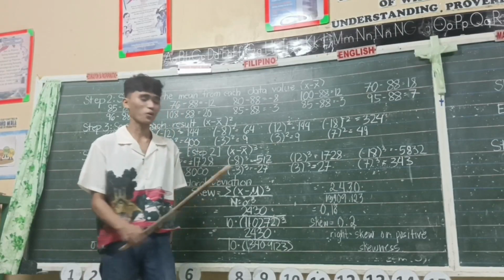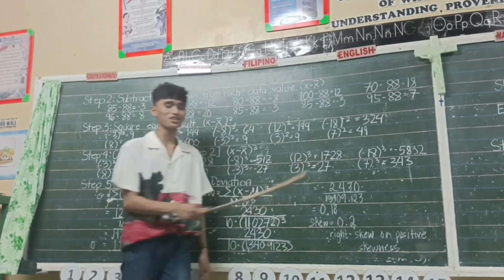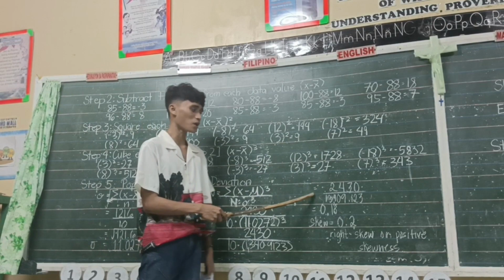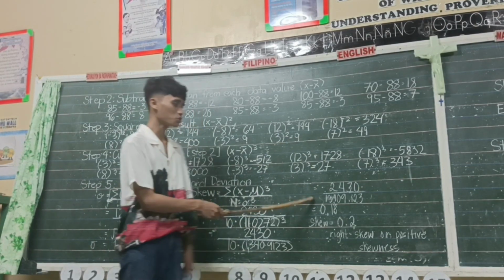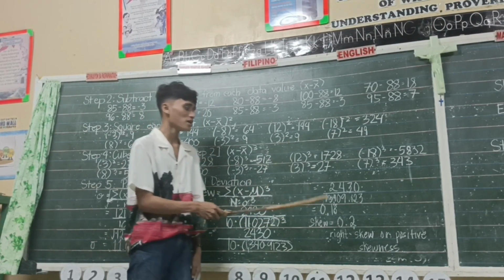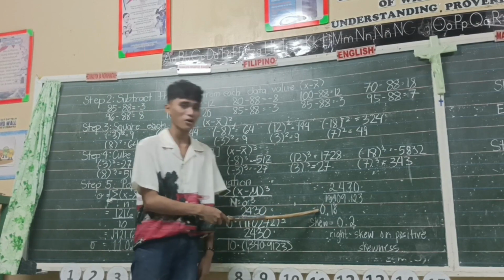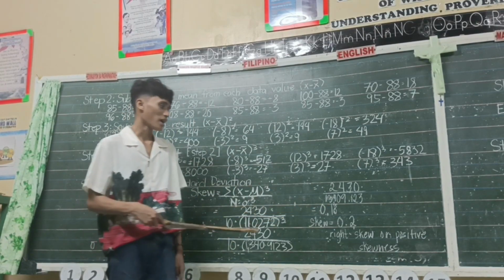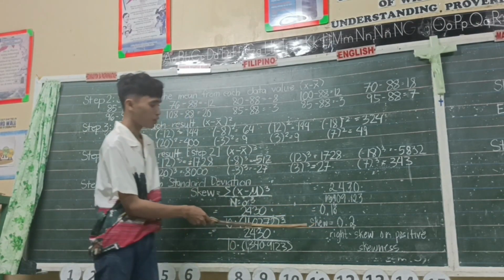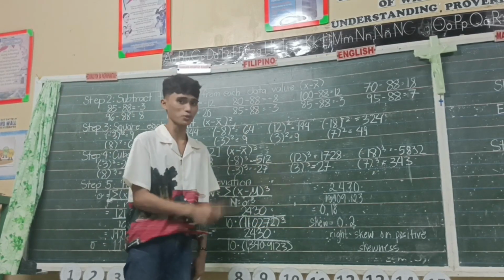And now, we're going to divide 2,430 by 13,409.123, which is equal to 0.18. Now we're going to round it off, and it is Q equals 0.2.